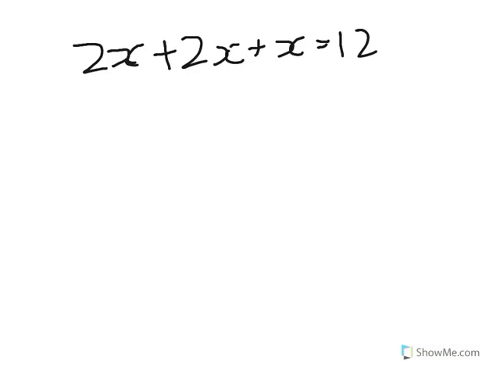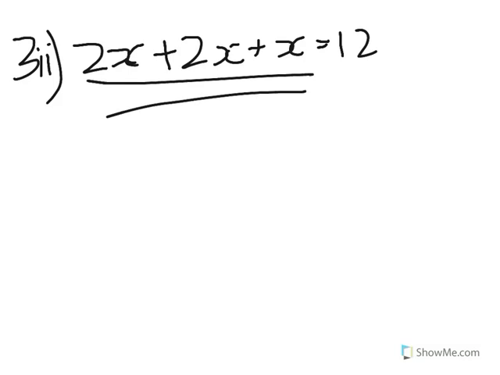Okay, now they're asking us to solve our equation for x, to find the value of x. So we have this equation here. Now it's just simple algebra. When you're adding x's together, you just add their numbers, these coefficients, and here it's a 1. Right?